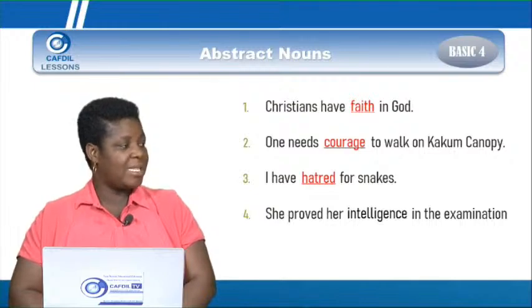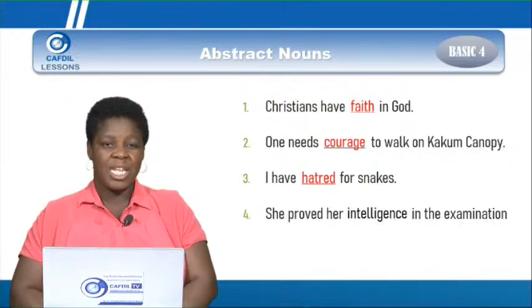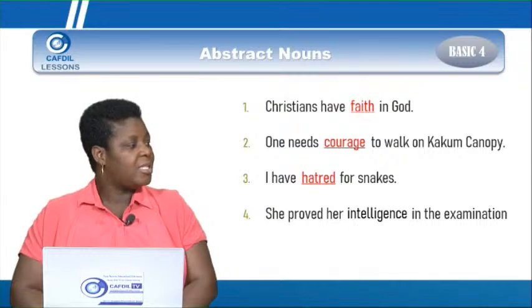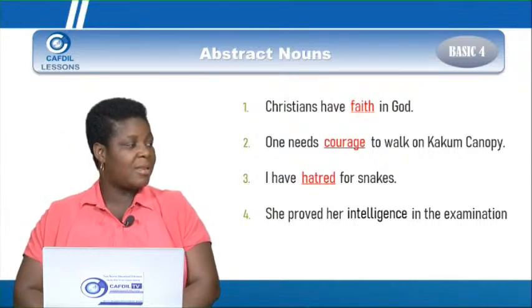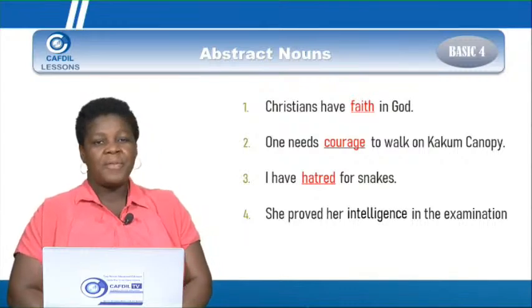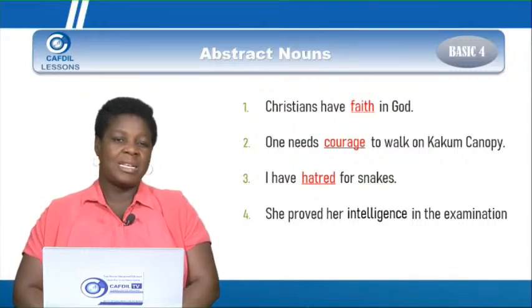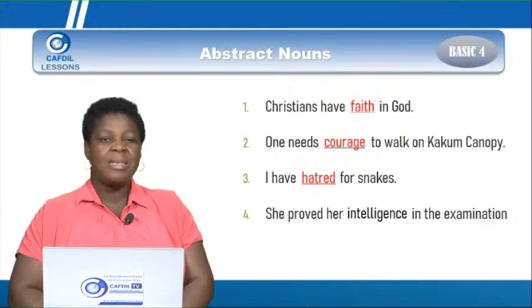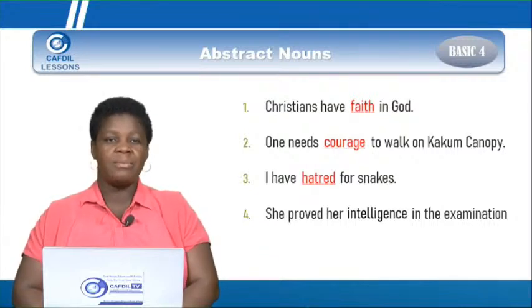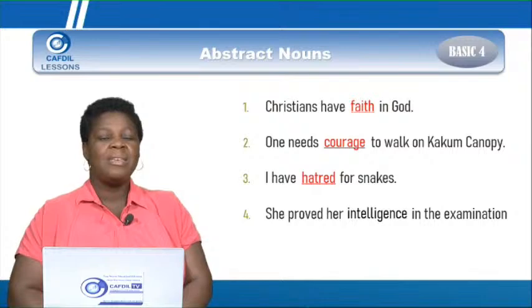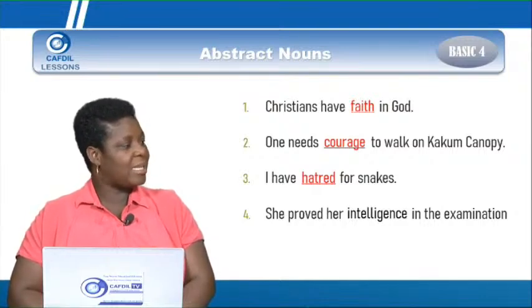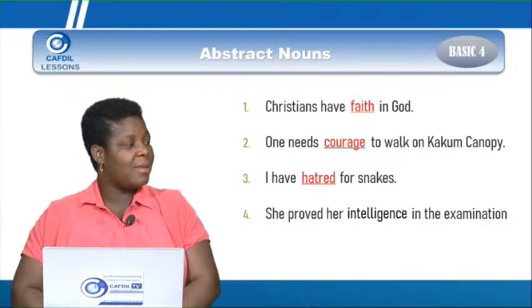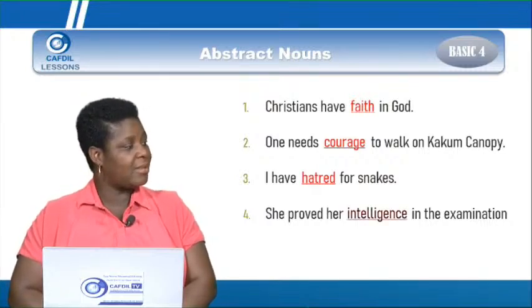She proved her intelligence in the examination. If someone proved her intelligence in examination, it means the person did so well to show that he or she is intelligent. So intelligence is something that cannot be seen.